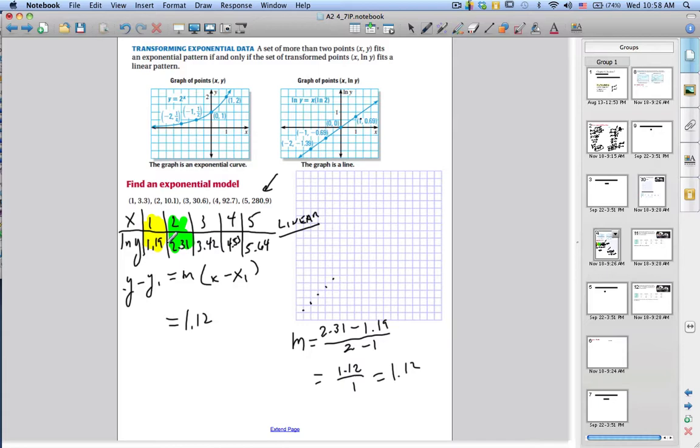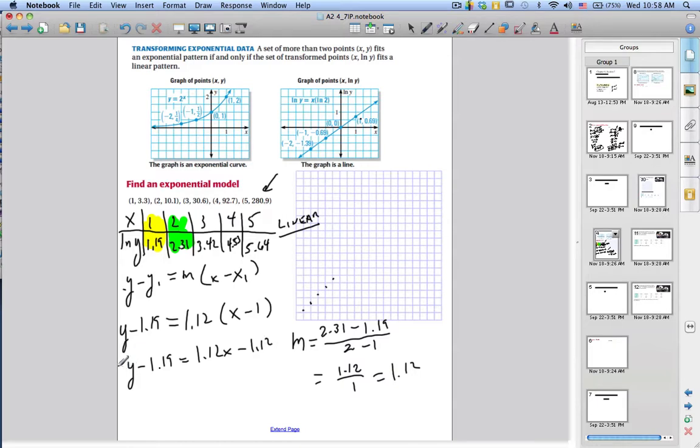I can pick either of these points now for y1 and x1. I'm going to use the first one. So I'll have y minus 1.19, then over here I'll have x minus 1. If I start to simplify this, I'll have y minus 1.19 is equal to 1.12x minus 1.12.